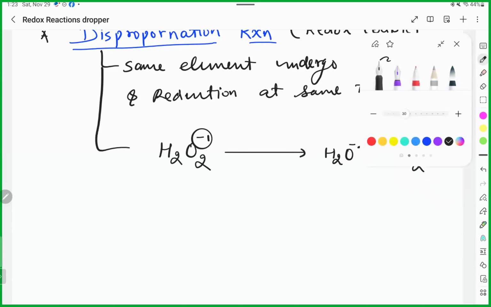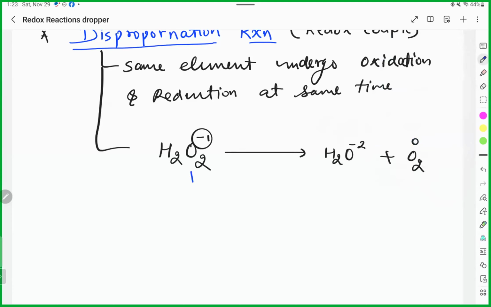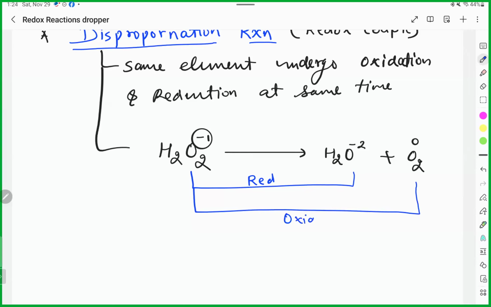So when -1 converts into -2, there is a reduction in the charge. This is a reduction. But the same oxygen here becomes 0. From -1 to 0, an increase in the charge, this is oxidation.